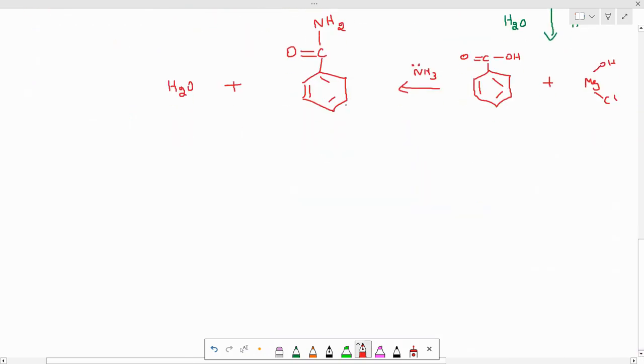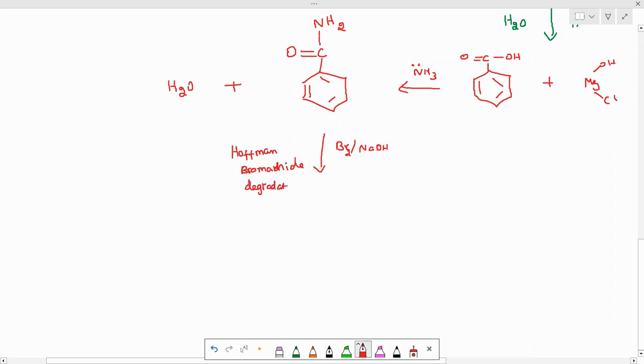And then after that they are adding bromine and NaOH. I already told you in the amine part we are having some special mechanism, a special rearrangement. So here bromine and NaOH will be the Hofmann bromamide reaction, or otherwise we can call that a Hofmann degradation reaction.